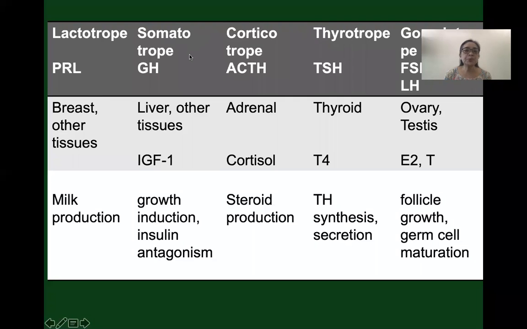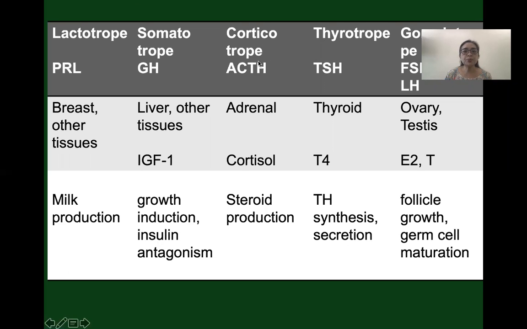Your somatotrope will produce your growth hormone, which mainly affects the liver and other tissues. It also has an effect on your IGF-1, or insulin-like growth factor 1, which somehow mediates the function of your growth hormone. And this will induce growth and some insulin antagonism.